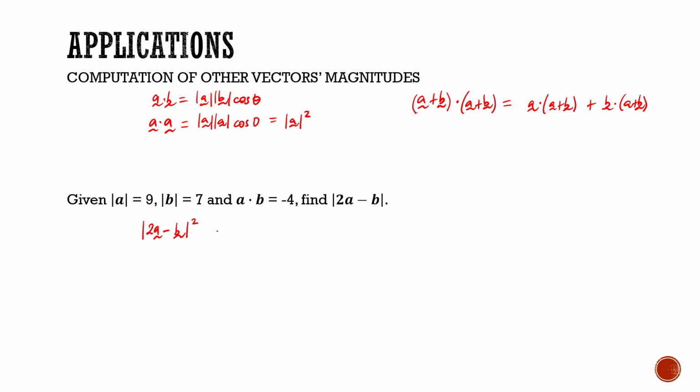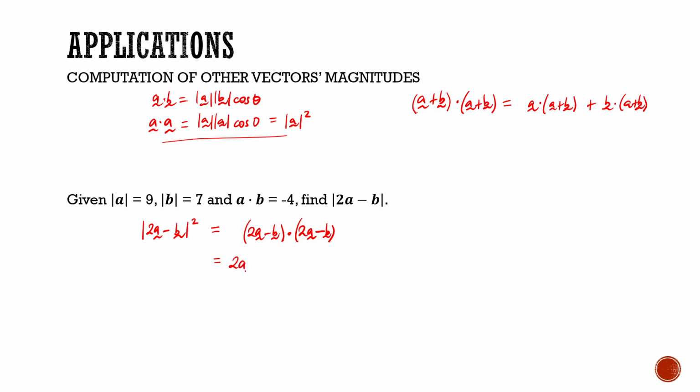We can square this because we know that this squared is simply the dot product of 2a minus b and 2a minus b, from what we found up here, that the dot product of a vector with itself is simply the magnitude of that vector squared. And so we're using the converse of that to get this.